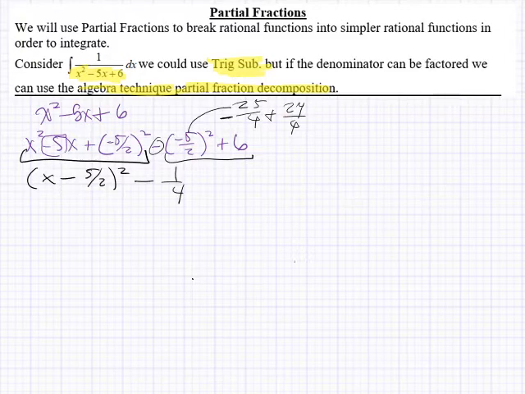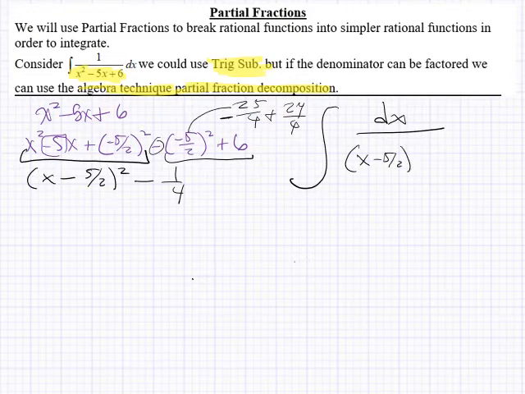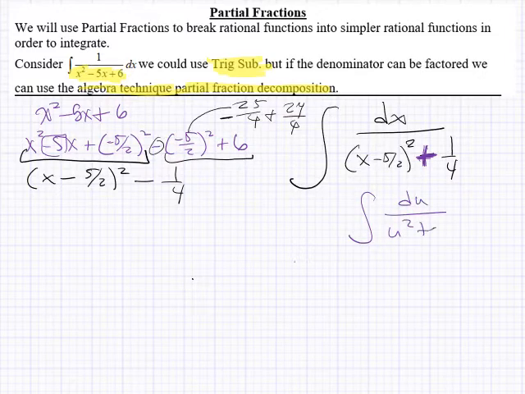Okay, so then we can replace that into the integral and say we have dx over x minus 5 halves squared minus 1/4. Now, if this were a plus, this would be an arctangent integral. You would have something in the form of du over u squared plus a squared, and it would be arctan.